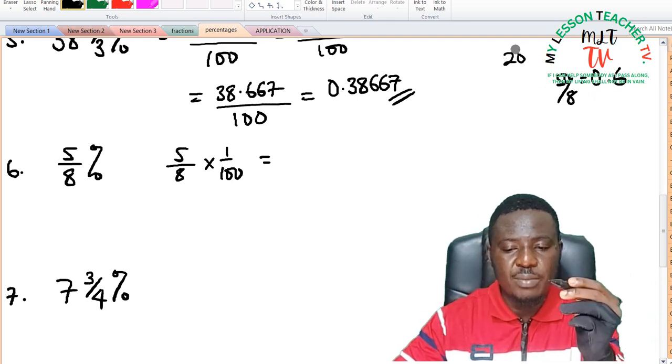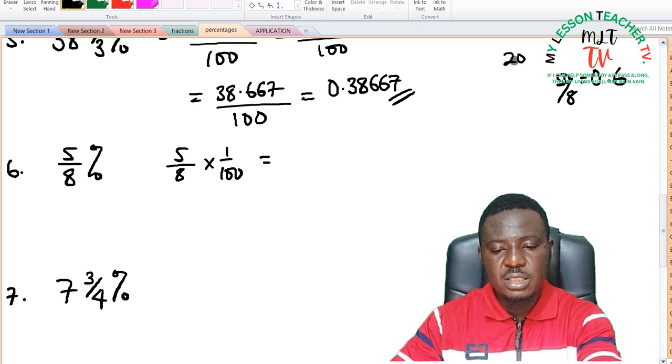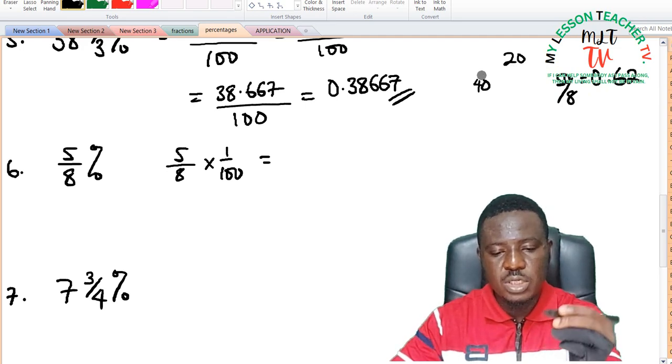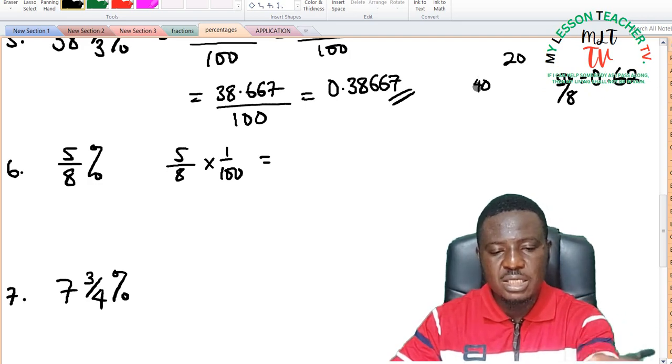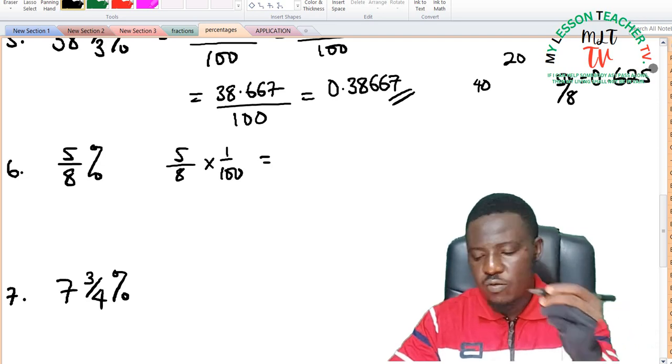Add 0 to it and divide by 8. 20 divided by 8 is 2. Remainder 4, because 2 times 8 is 16. The difference between 16 and 20 is 4. Add 0 to it, it becomes 40. 40 divided by 8 is 5. So this is said to be 0.625.